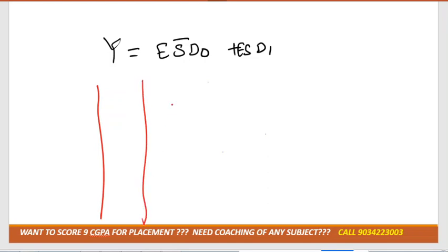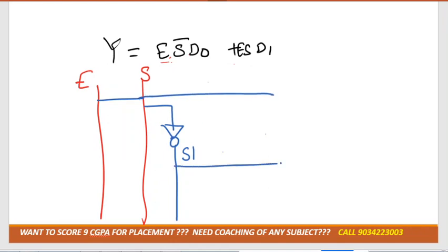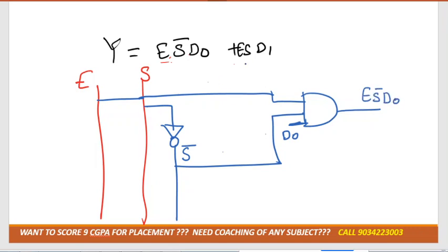Now we have to make the logic gate circuit for this expression. How many inputs do we have? We have four inputs: E, S, D0 and D1. We can mark E here and S here. S bar is also needed, so can I draw a NOT gate over here? That would give S bar. So I have taken E and S bar along with D0, giving E S bar D0, correct?